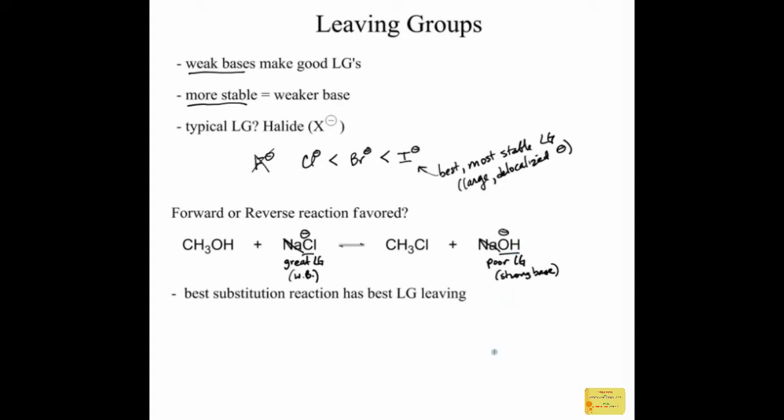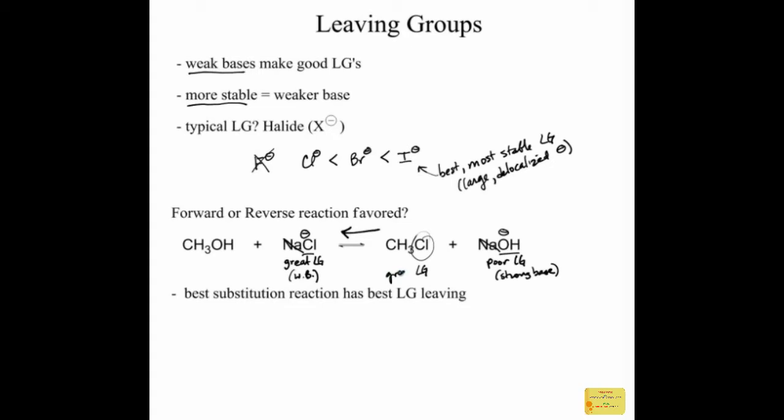So which reaction is the favored reaction? Which is the reaction that has chloride, the good leaving group, leaving and getting replaced by a nucleophile? It's the reverse reaction that has the leaving group getting displaced by the nucleophile.